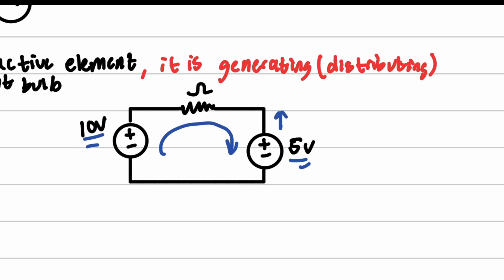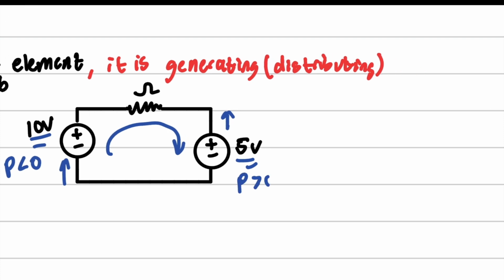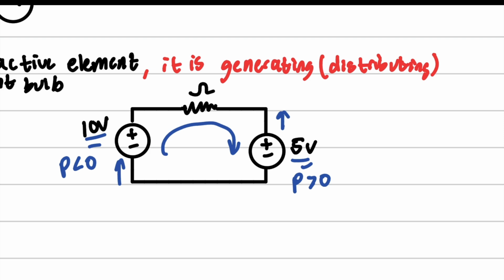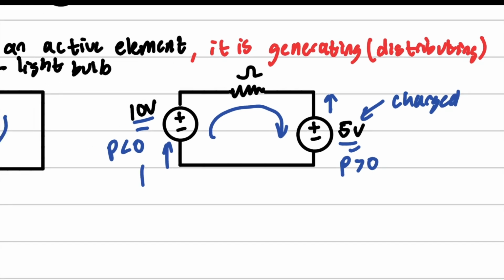So right here, the current is negative, it's going in, so the power is less than 0 here, and the power is greater than 0 here. So then that means that this one right here is being charged. This battery is being charged by this battery, right?